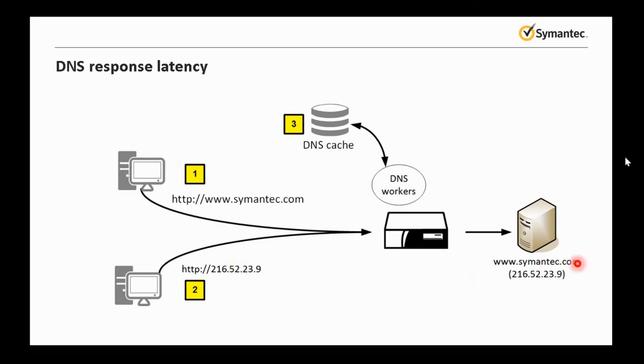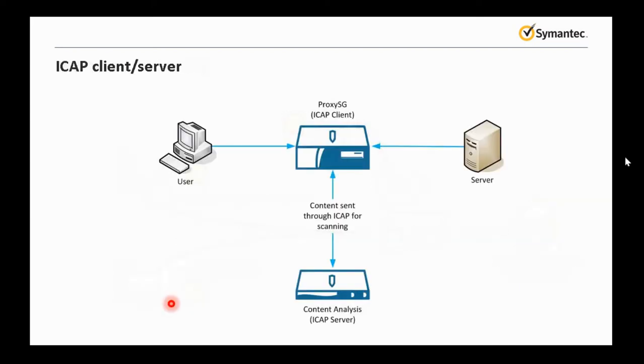So let's say the DNS for the OCS has changed the IP address and the cache was not updated yet. That is a potential issue. All right? And likewise, what if the user is using an IP address to connect to an OCS? When you use an IP address, basically the proxy will do a reverse DNS lookup. All right? So with that, the DNS server that the proxy is connected to must respond to the reverse DNS lookup. Otherwise, things will fail. All right? So we'll look into a bit more on that later on.